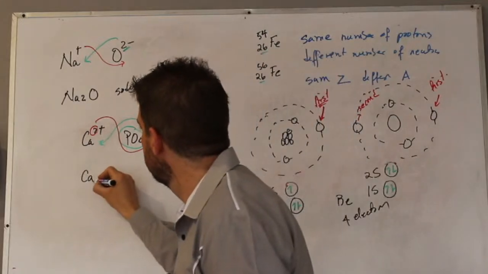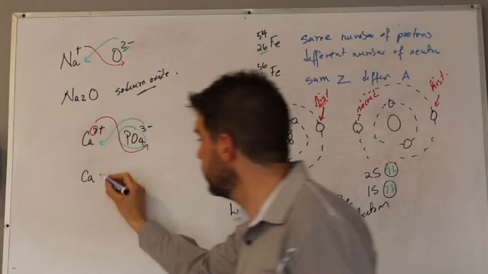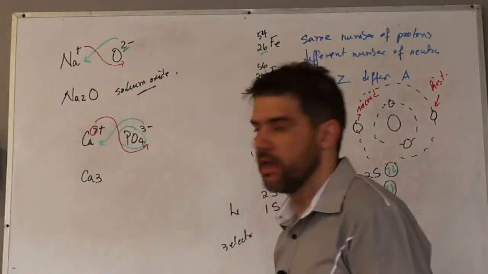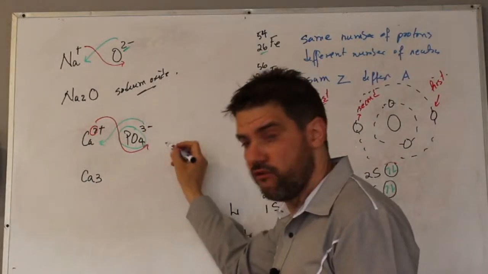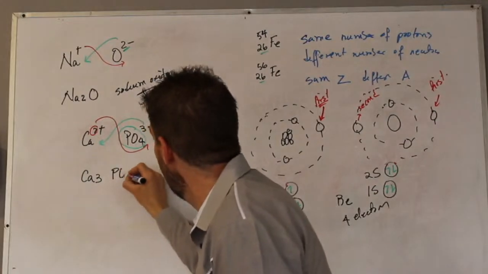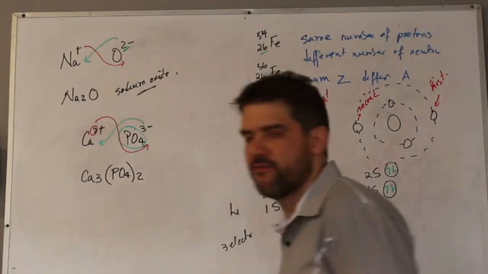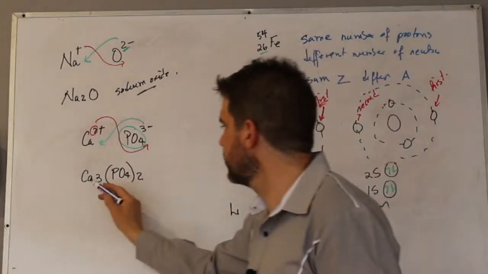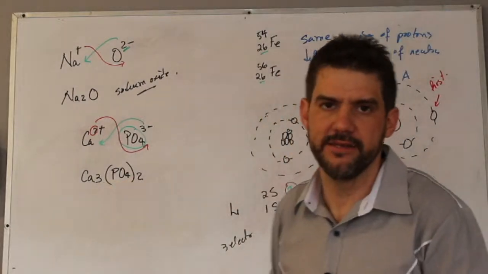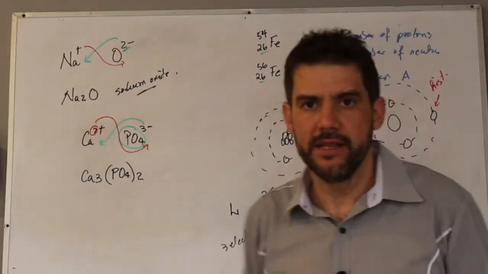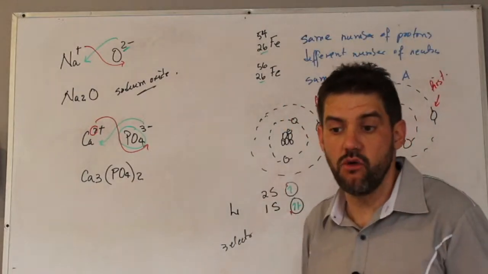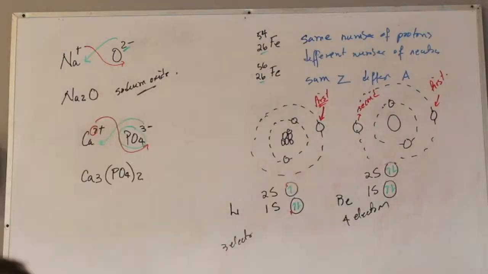Ca, the 3 of phosphate is going there. Now, phosphate is PO4, so it's PO4 in brackets with the 2 that is coming from calcium. This one is calcium phosphate. I hope you get clear there. This question is also going to be in the exam. You have to memorize the table of ions. There is no other option here, guys.